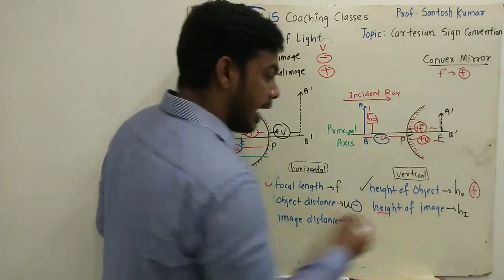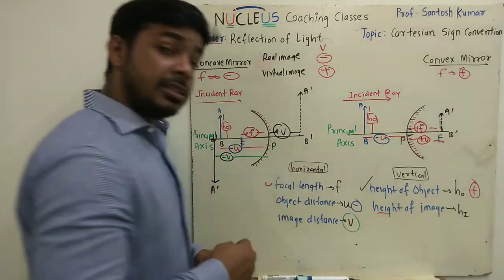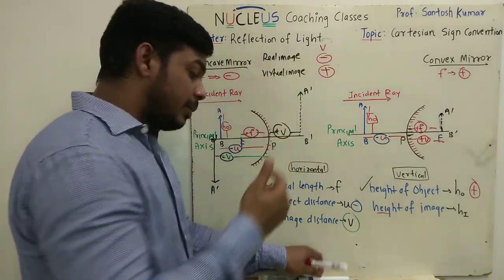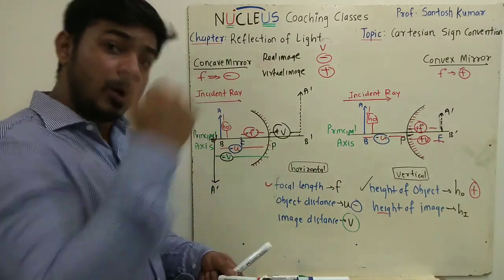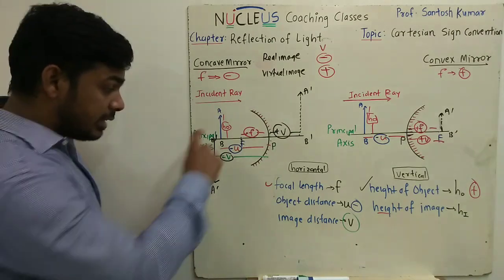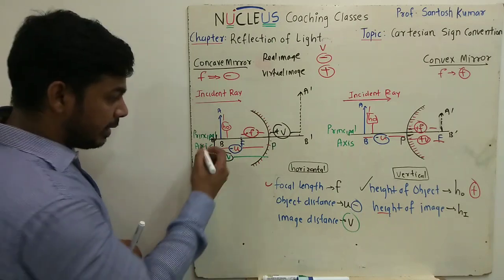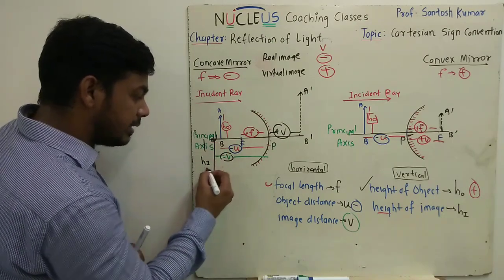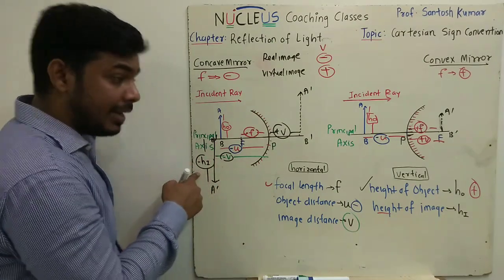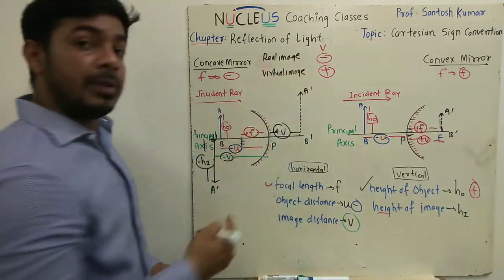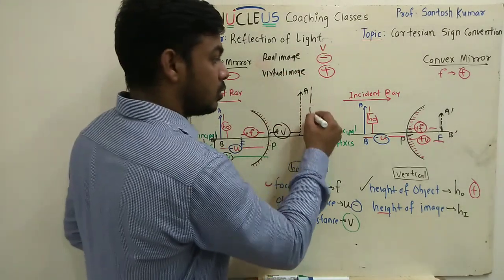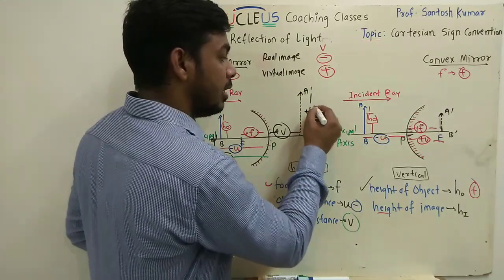Now let's calculate the height of the image. The height of the image is a vertical distance, so above the principal axis it is positive, and below the principal axis it is negative. So this image we can say is real and inverted, formed below the principal axis, so this height HI is taken as negative. And this one is formed above the principal axis, which is virtual, so the height of the image will be taken as positive.